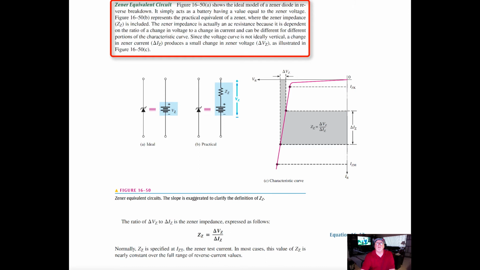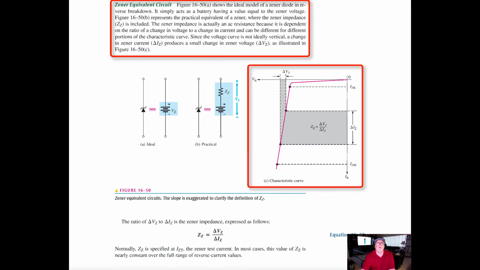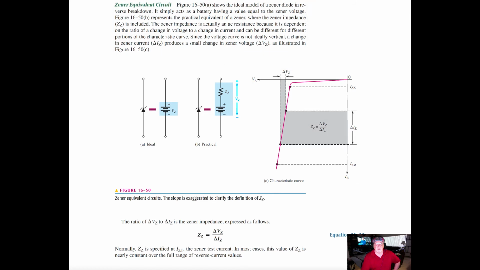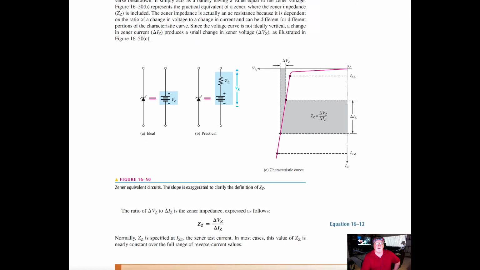Since the voltage curve is not ideally vertical, a change in Zener current, delta I_Z, produces a small change in Zener voltage, delta V_Z, as illustrated in C. So we can see that here on the characteristic curve. There's our Z_Z, delta V_Z, and delta I_Z, and you can see where it translates to each of those changing parameters on the curve with respect to the knee of the operation.